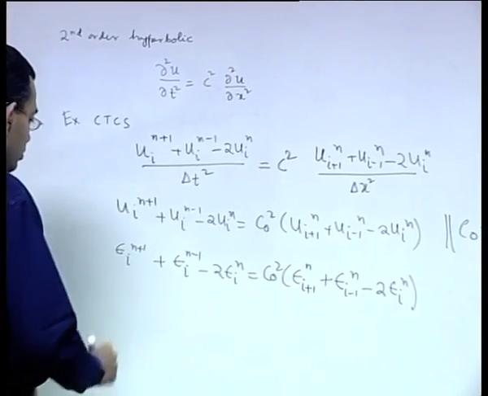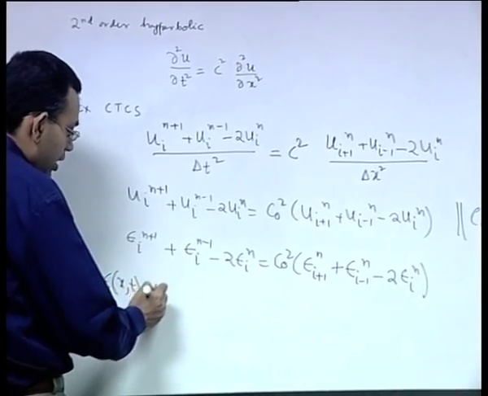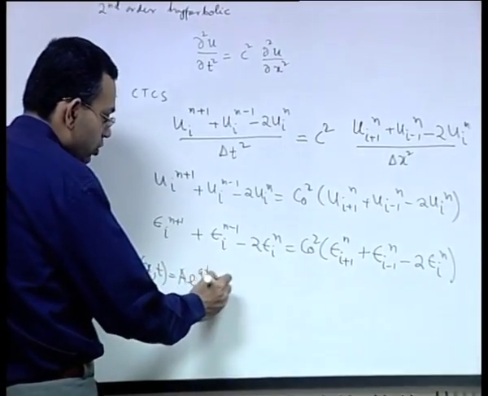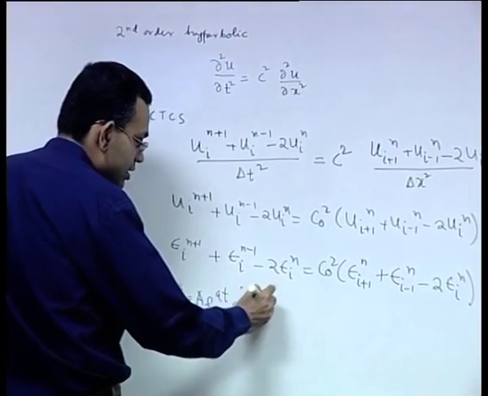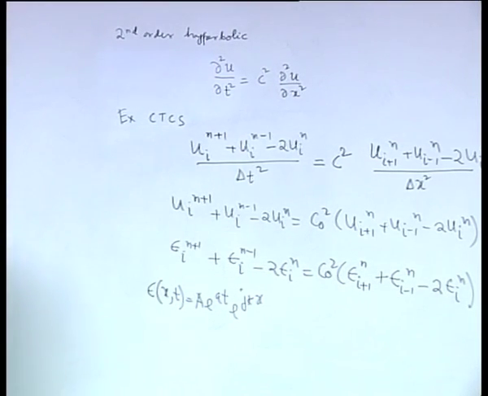Now as you recall, we substitute epsilon x t is equal to a e to the power a t into e to the power j k x, where j is square root of minus 1.